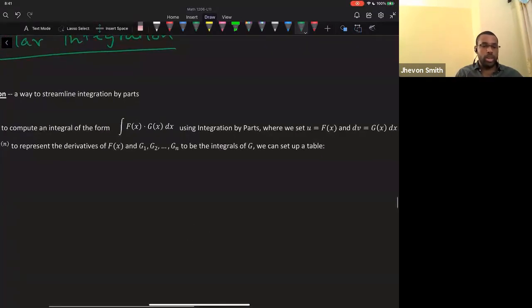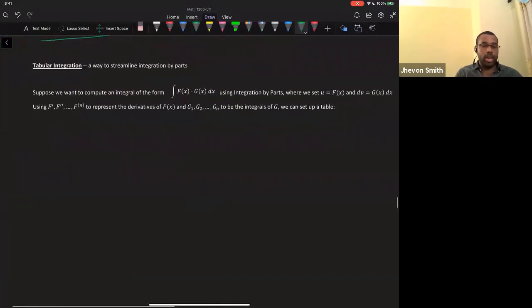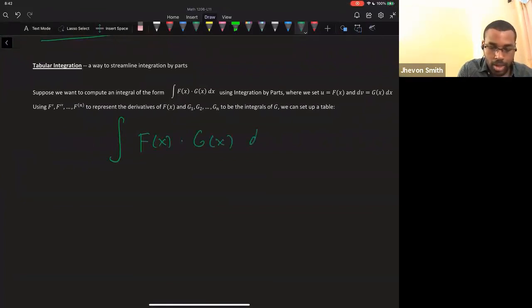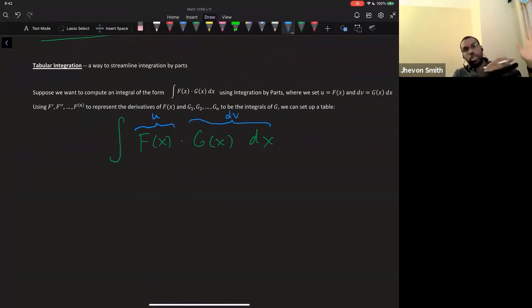And so there is a way that you can line this up in a table. So I would have big F times big G dx, and here's how the process is going to work. This guy is going to be my u, and this guy here is going to be my dv. I'm going to line it up so that the u is on the left and the dv is on the right, just so it looks nice.